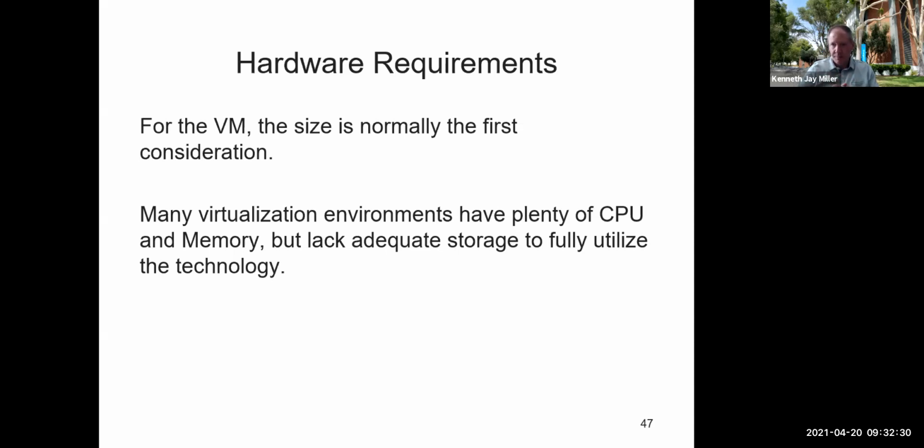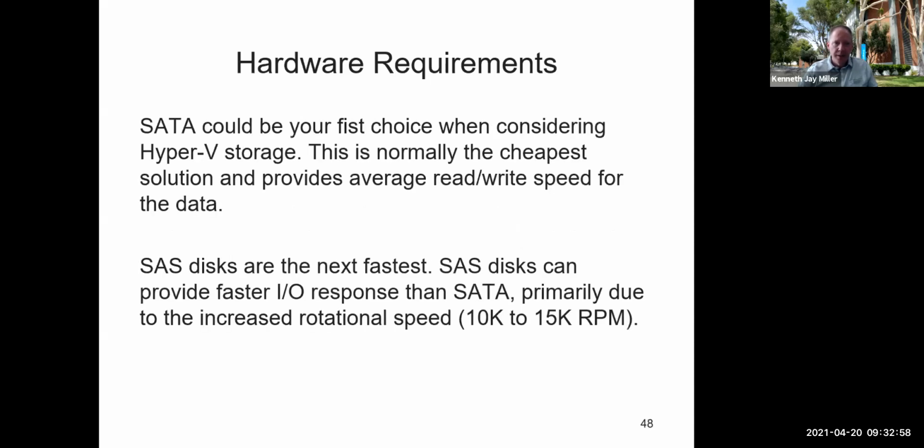Because if we get some bigger file shares, say we have a file share server, a minimum we want to create those file shares would be 500 gigs or half a terabyte. So you do a couple of those and 2 VMs take up all your hard drive space. So the storage is something we want to consider, the size.